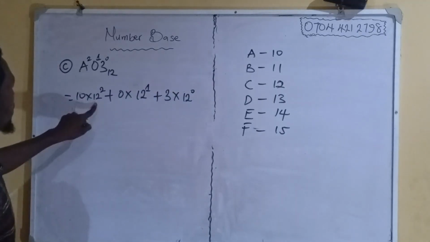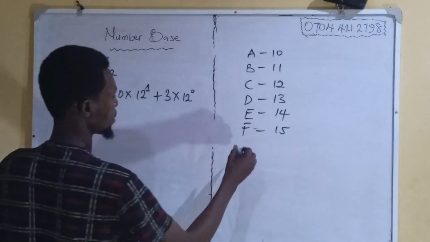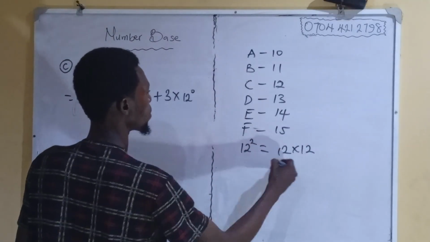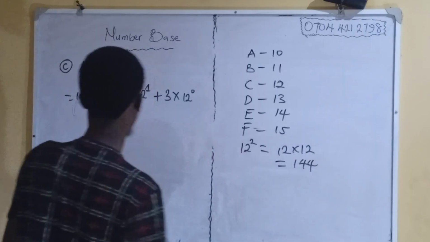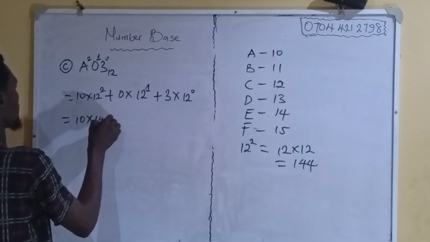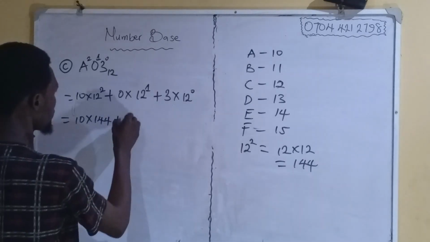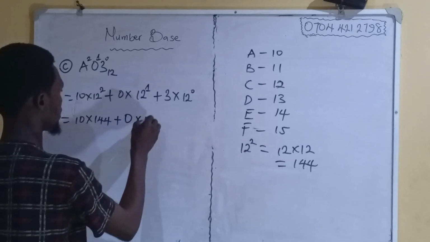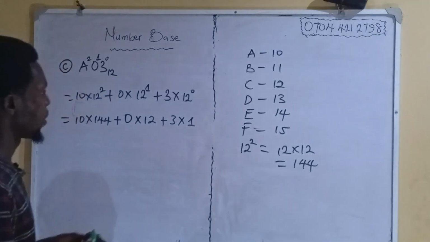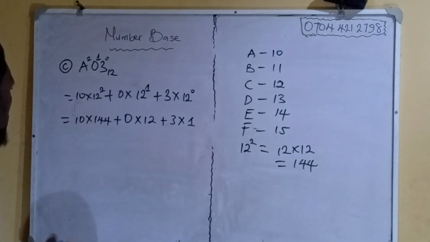So you expand the power, simplify the power, so you have 12 times 12, and 12 times 12 is 144. So you have here plus 0 times 12 plus 3 times 1, because anything raised to the power of 0 except 0 is 1.